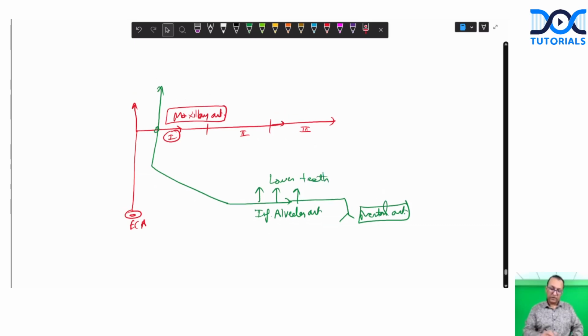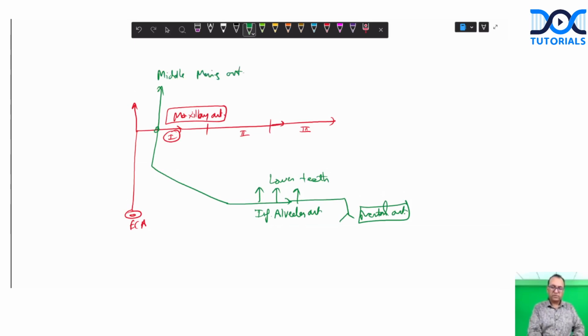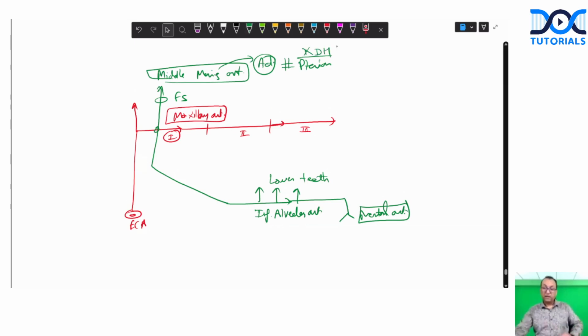This branch, the middle meningeal artery, was passing through the foramen spinosum; its anterior division bleeds on fracture of the pterion, giving extradural hematoma, if you remember.